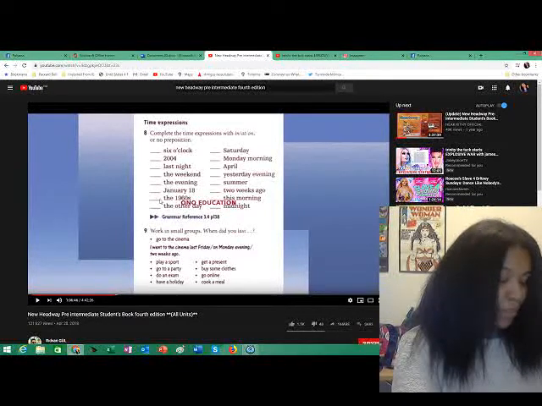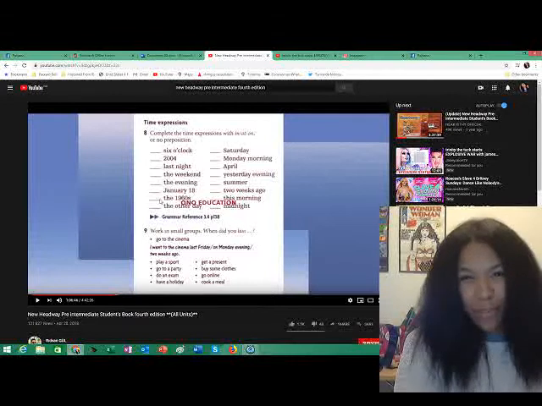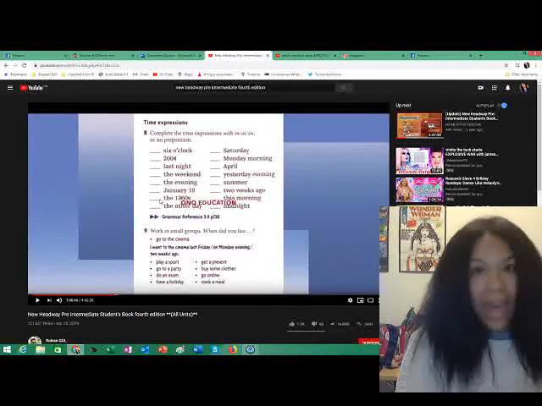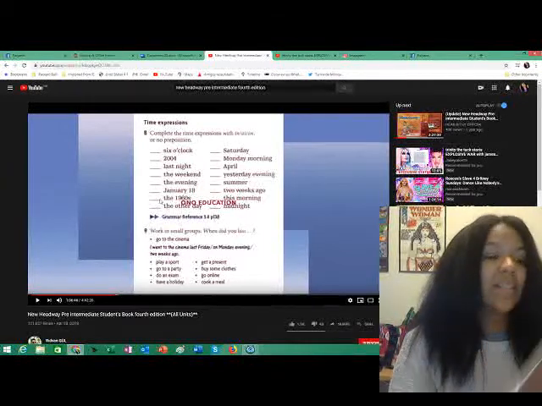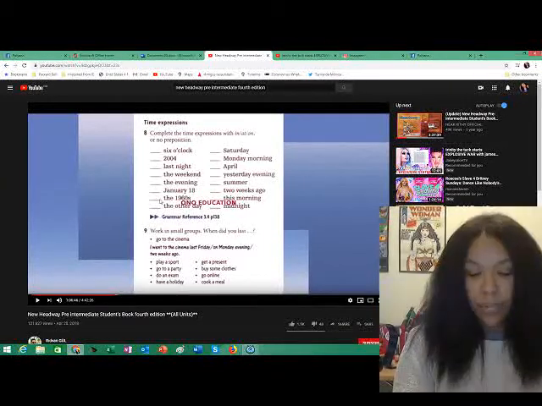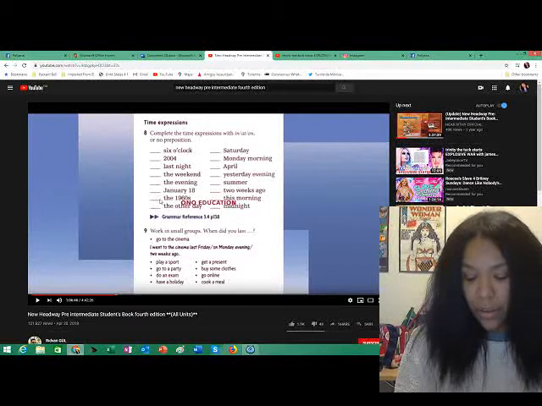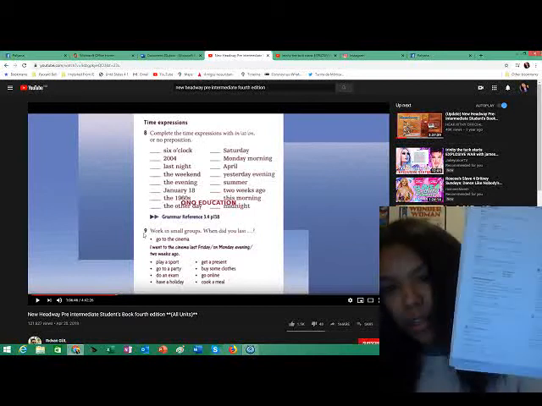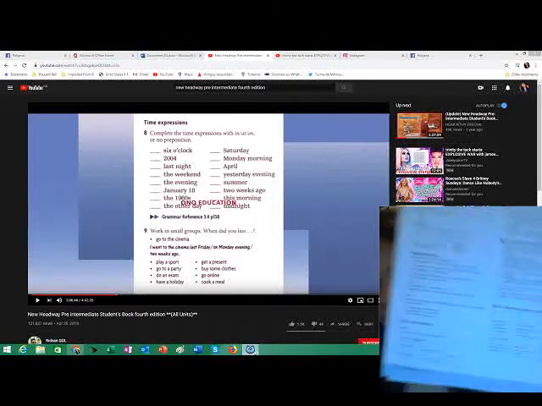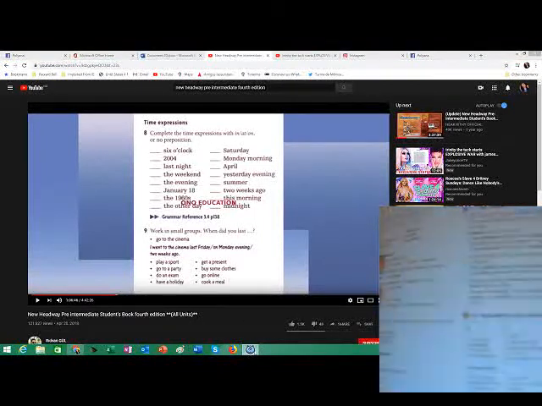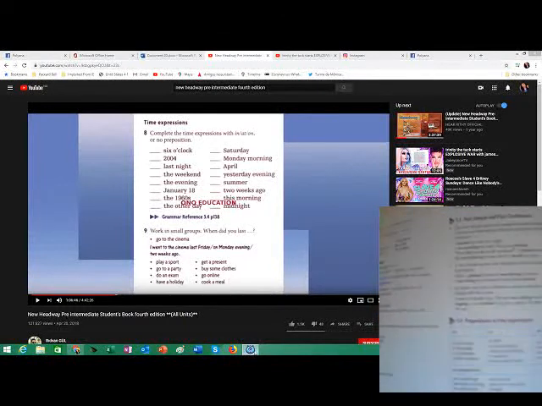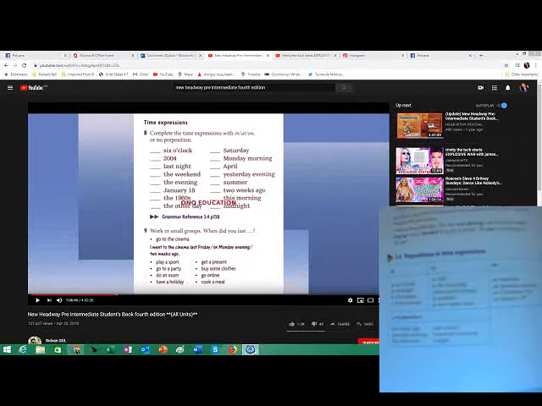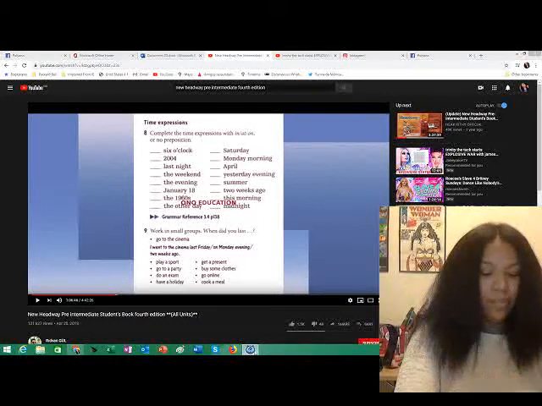You have a mini grammar book right after the tape scripts: a grammar reference. At the very bottom, you have all the explanations on how to use the prepositions.